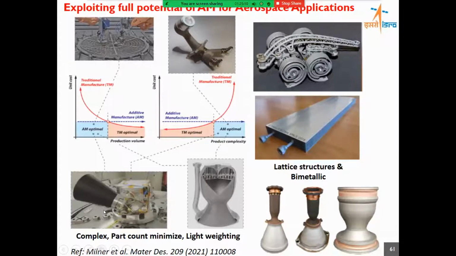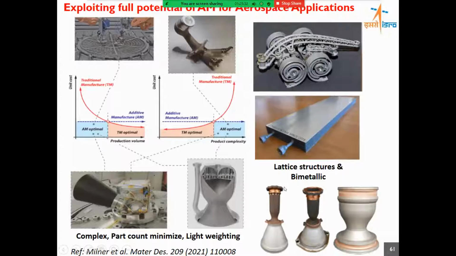And here again, this is a nozzle wherein you can have a lattice structure inside to reduce the weight and get some weight savings. And these are again lattice structures inside this, to get the weight savings. And this is a topology optimized part for which you can get good weight savings.